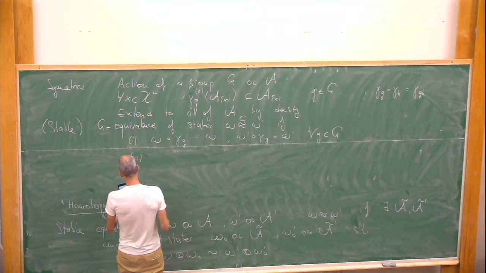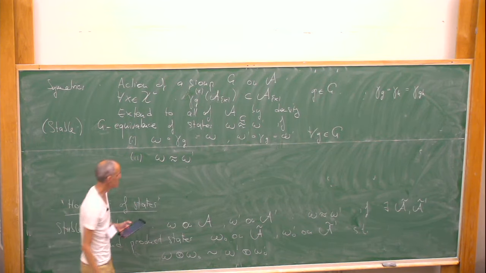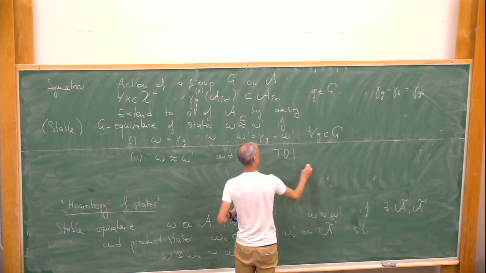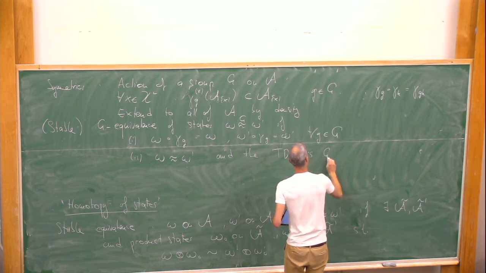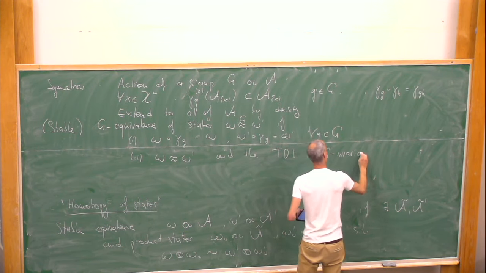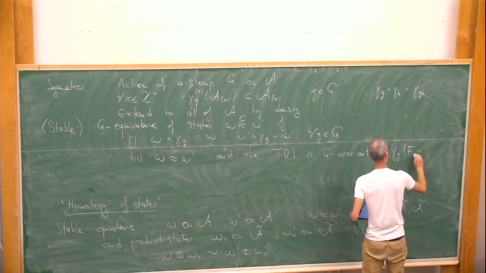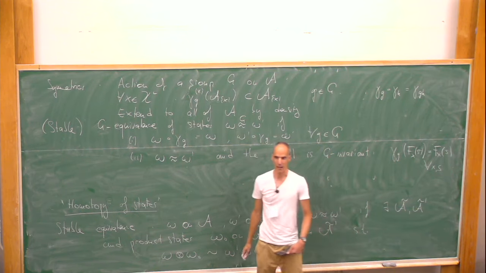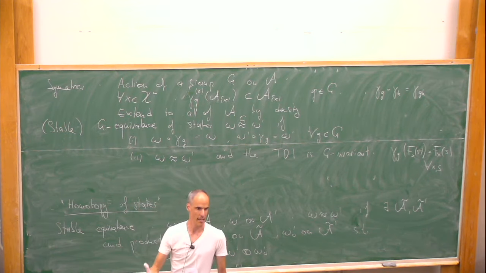Okay? So omega will be stably equivalent to omega prime, and the TDI that underlies this definition is G invariant, namely gamma g of f x of s is f x of s for all x and s. So the Hamiltonian, the interaction terms, if you want to use these words, all of them are invariant under the action of the group.